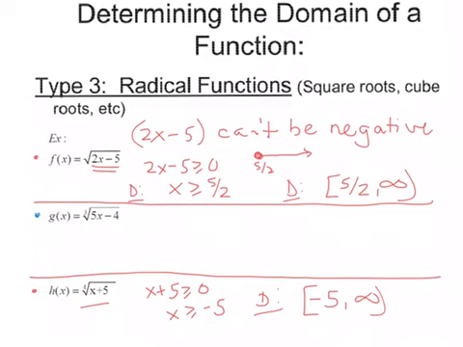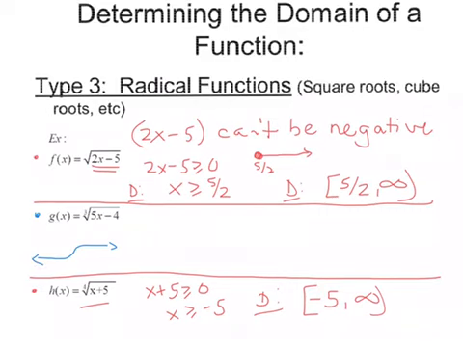Finally, cube roots, fifth roots. I can take a number times itself, 3 factors of it, a number times itself again, and get a negative. So therefore, cube roots, fifth roots, seventh roots, I can take negatives or positives. When I actually look at the graphs of those, they look kind of like this. They go infinitely both directions.